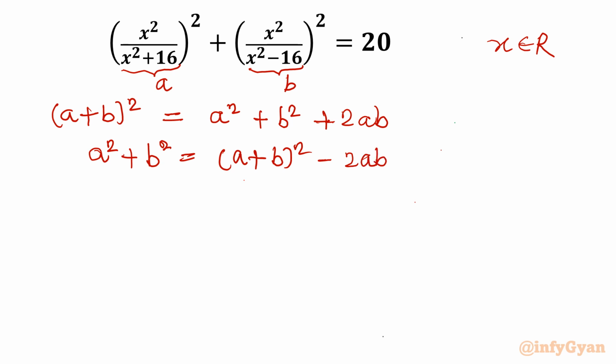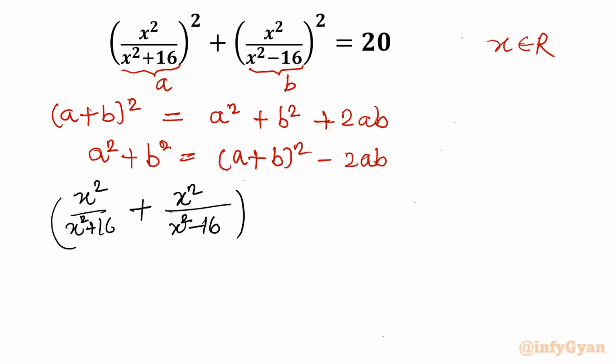So let's apply here in our equation. On the left hand side, what is a? A is this bracket, x square over x square plus 16. So let me write in this place (a plus b) whole square. I will write a is x square over x square plus 16 plus b, x square over x square minus 16, whole square.